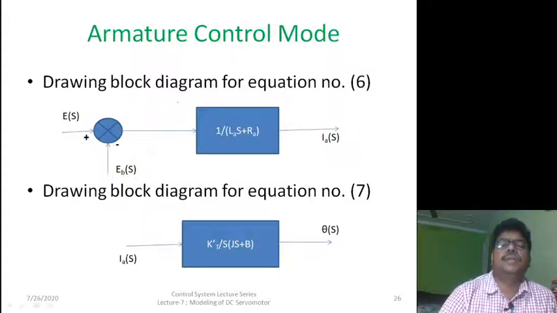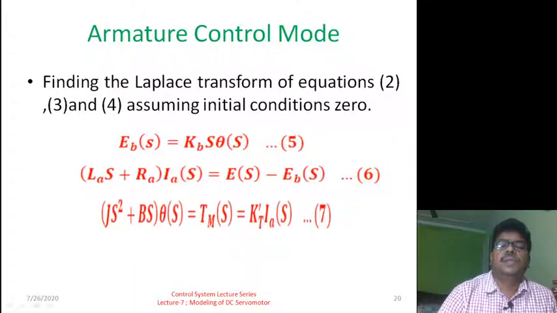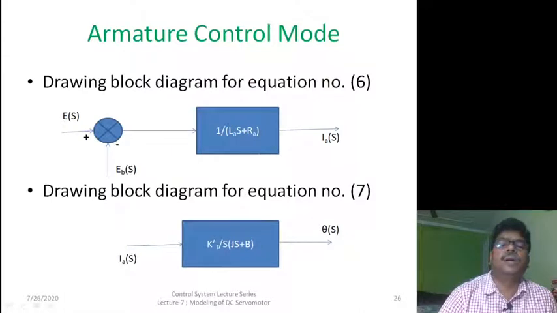First, you can see the first equation: E(s) minus E_b equal to (L_a s plus R_a) multiplied by I_a(s). So the applied voltage minus the back EMF gives the armature current, so I_a equals (E(s) minus E_b) divided by (L_a s plus R_a), as shown in the block diagram.